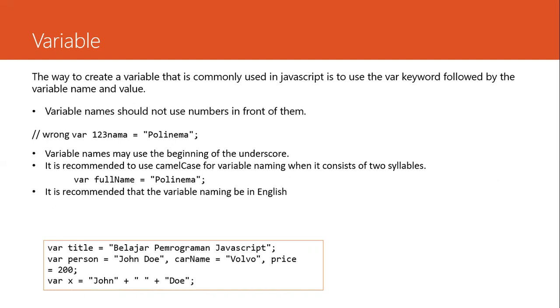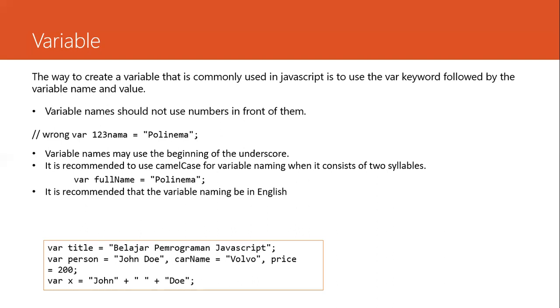The number must be put behind. And second, we can also make a variable name using an underscore at the beginning. For example, _name, _class, _count.